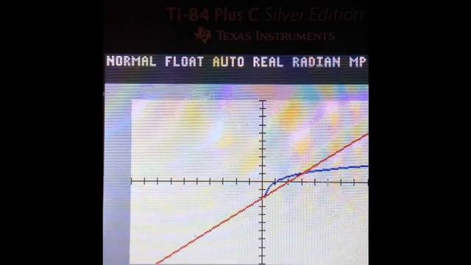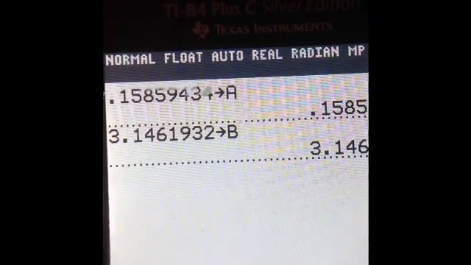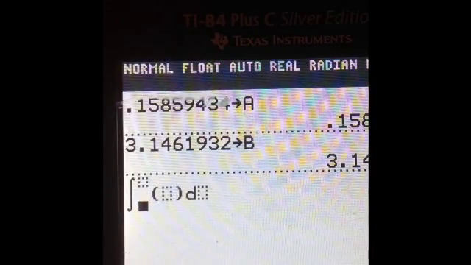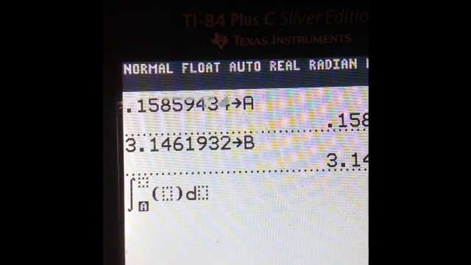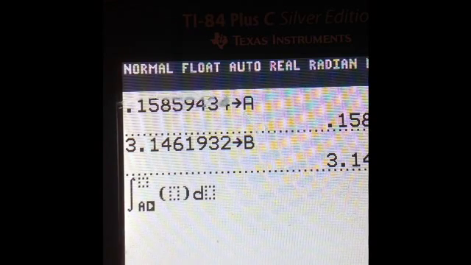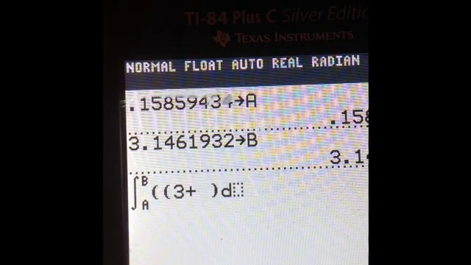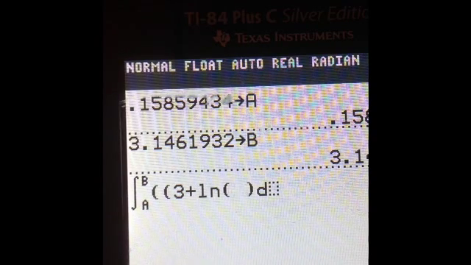So we'll come in here and hit Math 9. And we're going to do alpha A, alpha B, and we're going to put parentheses 3 plus ln of x, because that was our top curve. And then I'm going to close that off so I can square it.